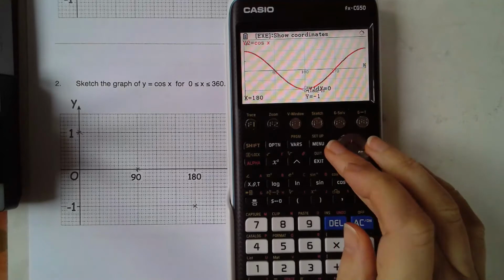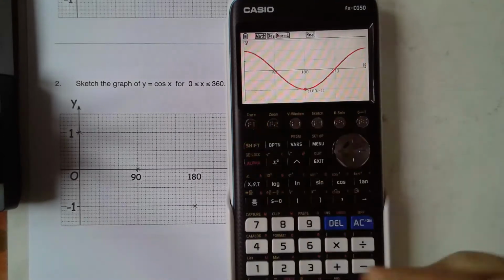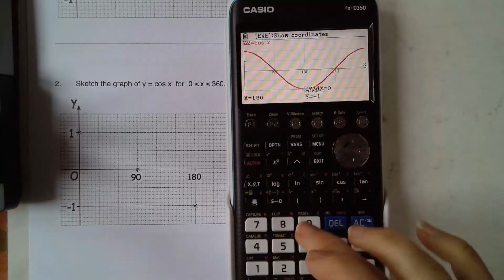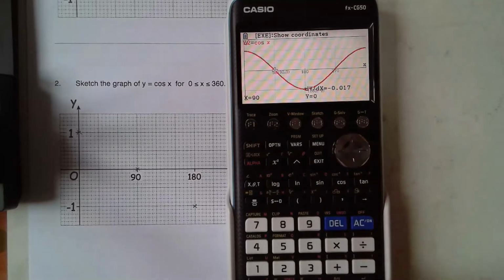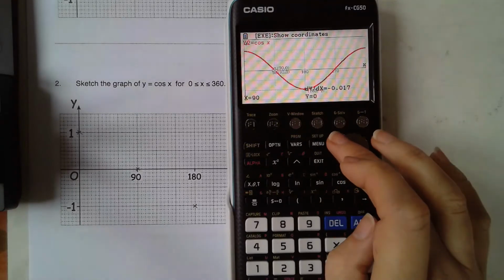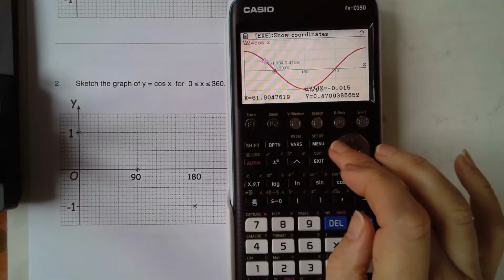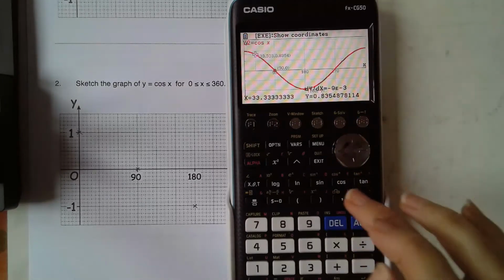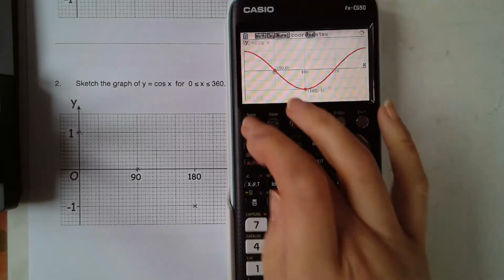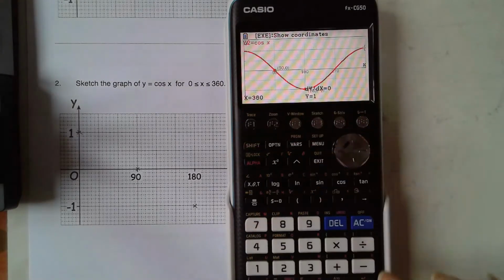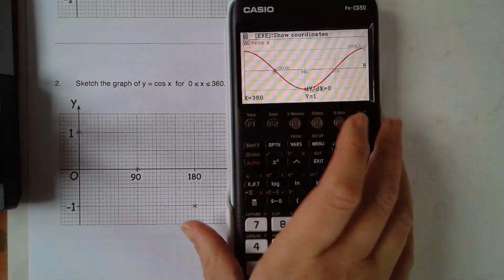So you can trace each of those points as you go. Trace, what's the value at 90? It'll plot you that point for you, and then you can do that with any of the points in between as well. Okay, so if you want to know what it is here at 360, there we go, 1 is back at 360, and there's your coordinates.